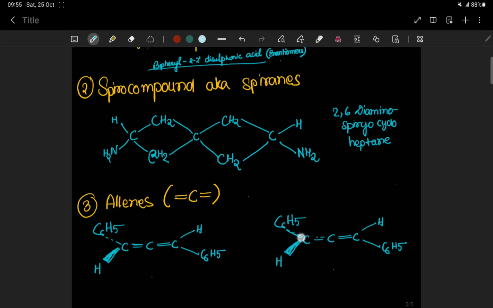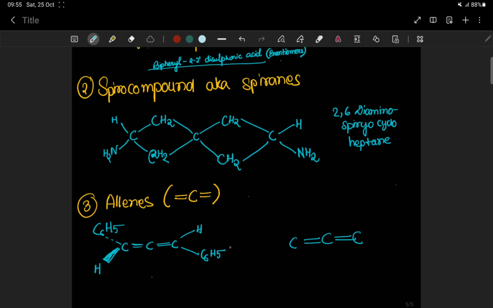Instead I will have a proper drawing of this. This is the mirror image, let me draw the mirror image of it. I don't know why I used to do this copy paste when I know that I have to create this mirror image.